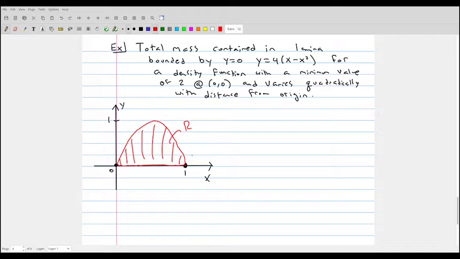Not only that, but we have an exact verbal description of the mass density function. The function that has a minimum value of 2 at the origin, or when x equals 0 and y equals 0, and varies quadratically with distance from the origin, is the following function.